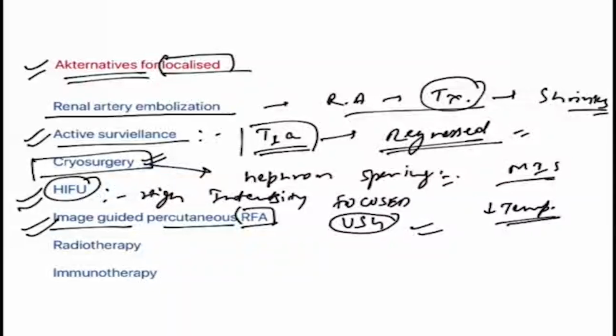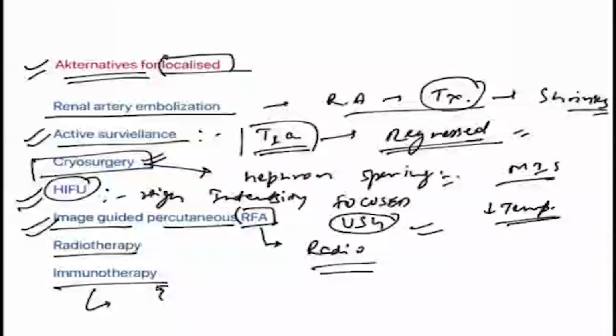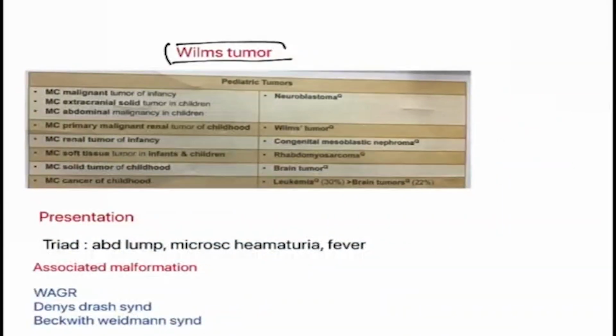Then image guided percutaneous radiofrequency ablation, in which under radiological imaging, radiofrequency ablation is done of tumor cell. Radiotherapy and immunotherapy. In immunotherapy, interleukin 2 and interferon alpha are used to kill the tumor cells.